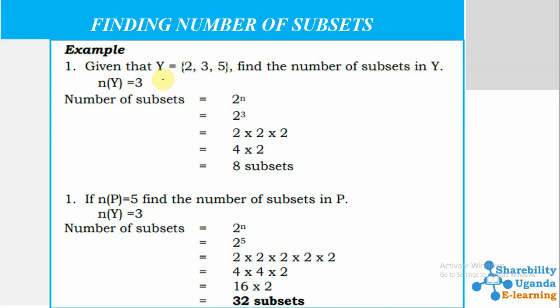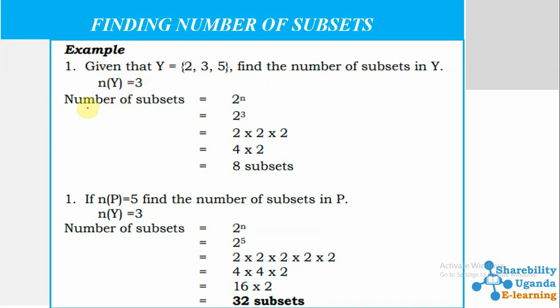So this y is our set with elements 2, 3, 5. Then they want us to find the number of subsets in y. Remember, we have to state the number of elements, where n is the number of elements. The number of elements in y is equal to 3.